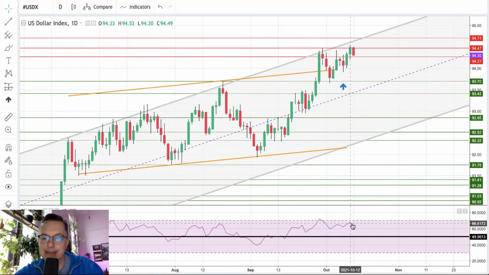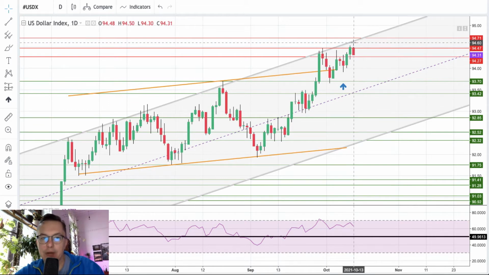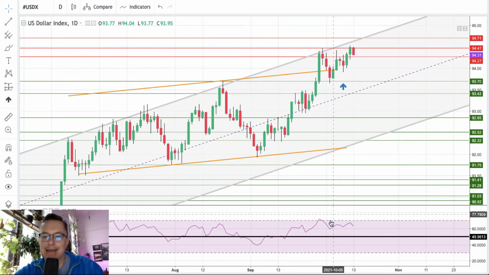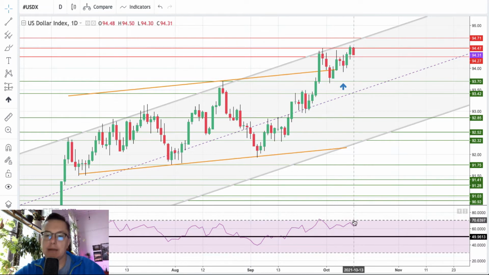Nevertheless, as you can see, the momentum is way lower on this high than it was before, and therefore we have a bearish divergence forming on a daily time frame chart of the US dollar index. The divergence is between, of course, these two highs and the momentum indicator.